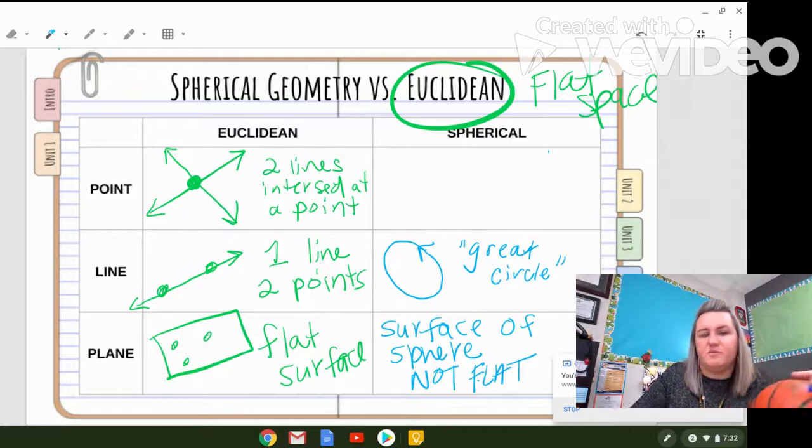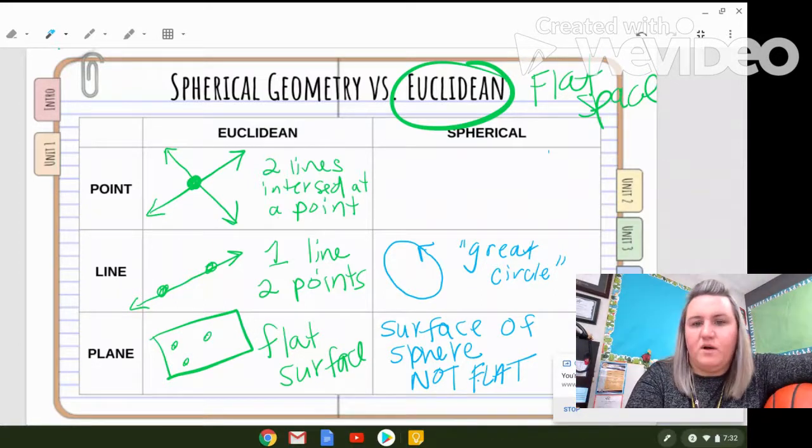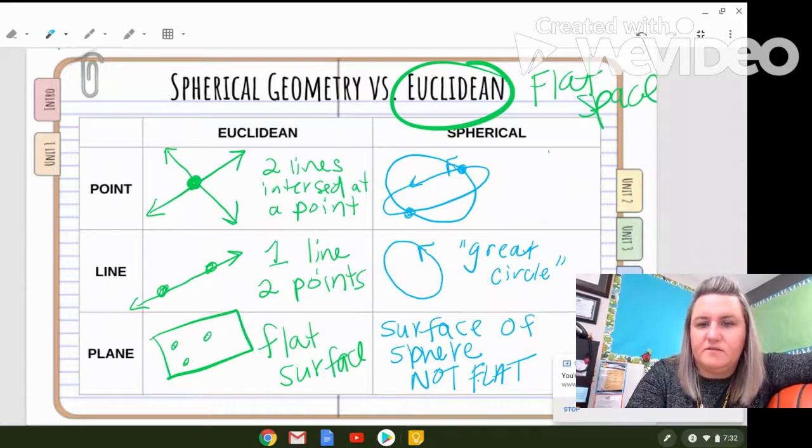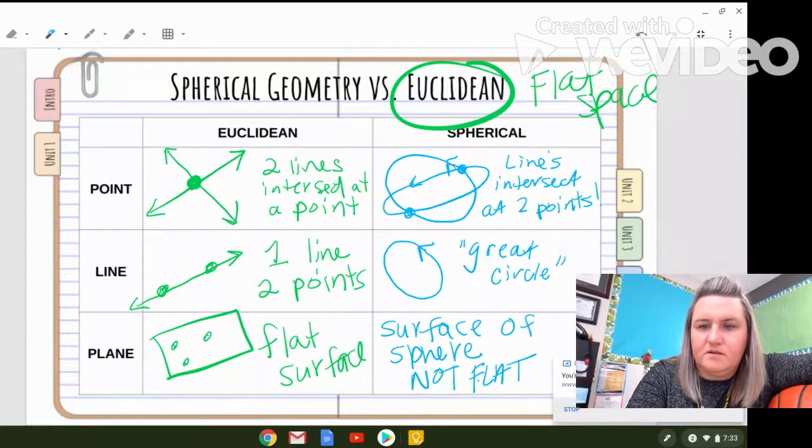So in spherical geometry, lines don't intersect once, lines actually intersect twice. That's because you have two circles. So they intersect at 2 points.